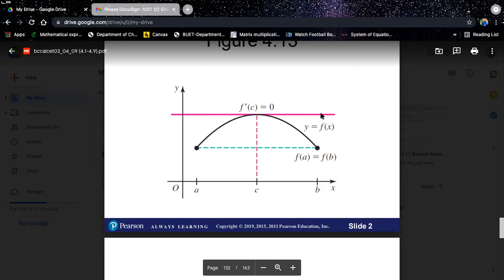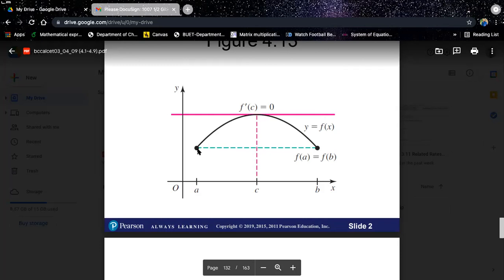Right? And why does it make sense? It actually makes sense because you can see for a certain interval, your functional values are equal.